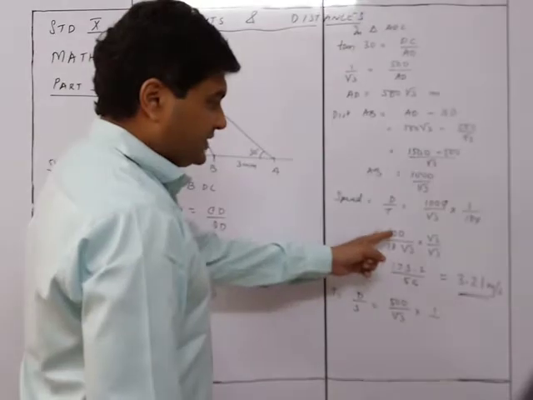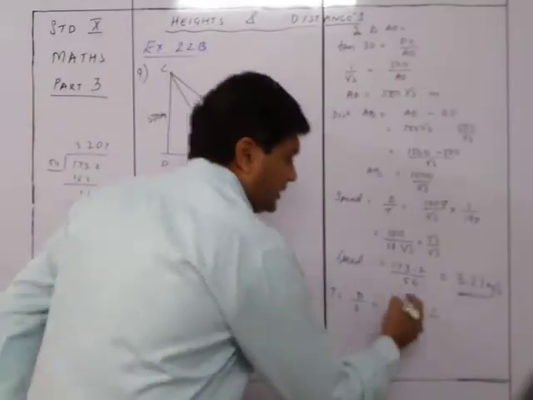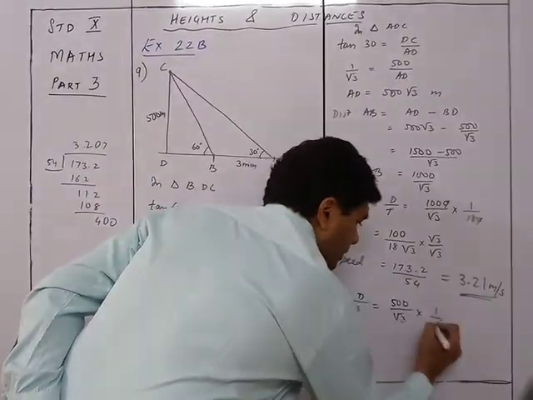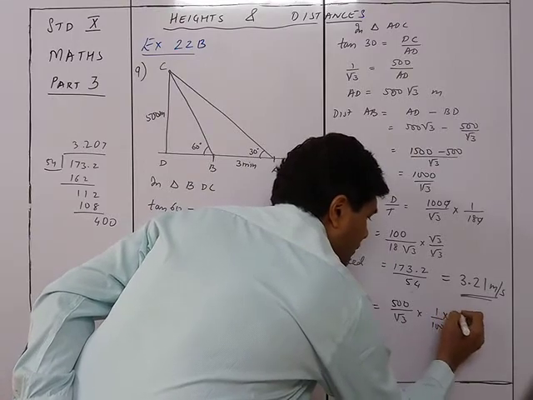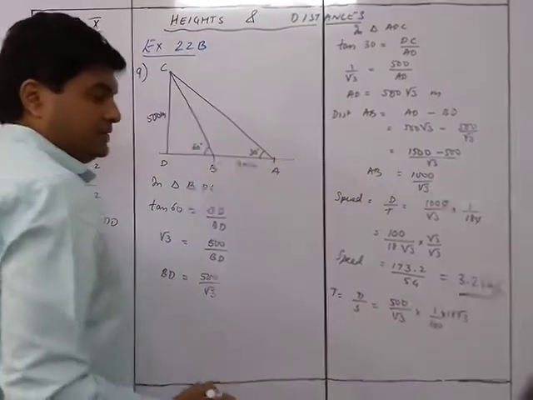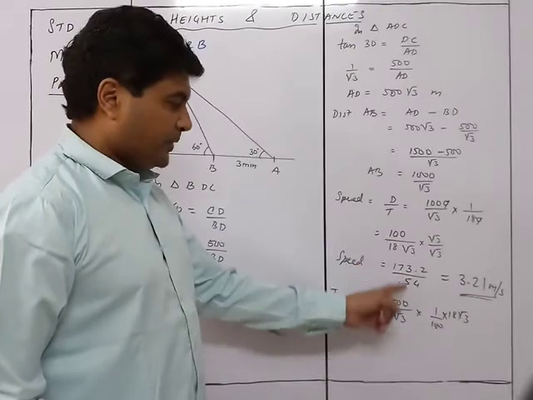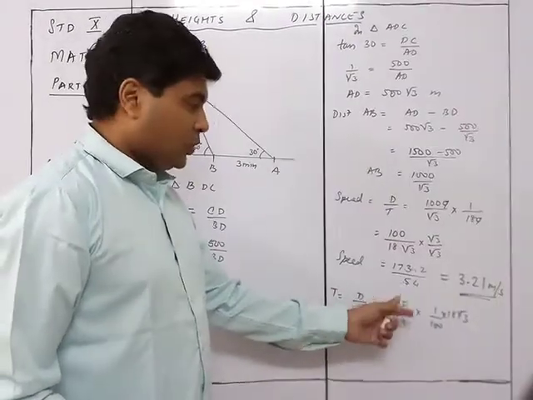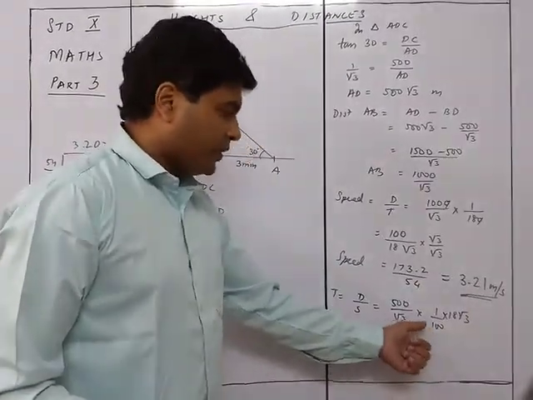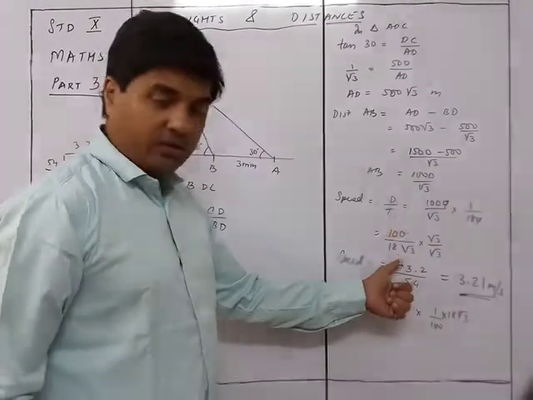Or we can take this part as 100 into 18 root 3. You can use these values because root 3 has to cancel, so why unnecessarily take 3.12? You can always take this as 100 upon 18 root 3.